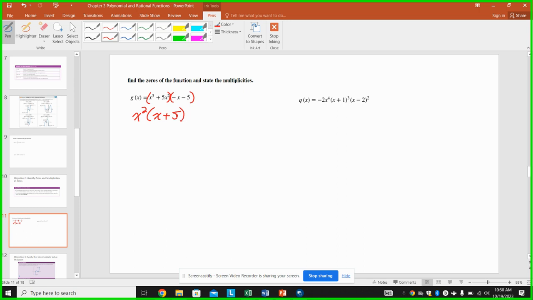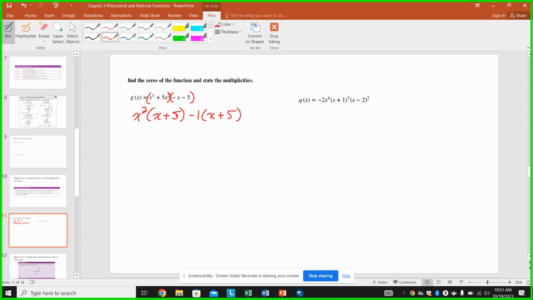So since I have x plus 5 here, but negative x and negative 5, I want to factor out a negative 1, which will then change those signs. All right.